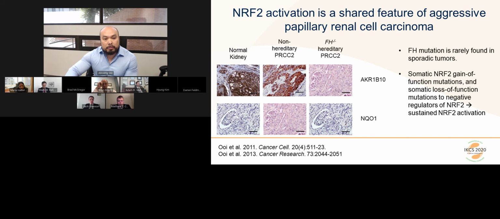And we have shown that fumarate hydratase inactivation leads to accumulation of the oncometabolite fumarate, which covalently modifies and inactivates the negative regulator of NRF2, which leads to NRF2 activation. And in the sporadic form, it is actually the loss of function mutation to negative regulators of NRF2, or gain of function mutation in NRF2 itself, that leads to sustained NRF2 activation.